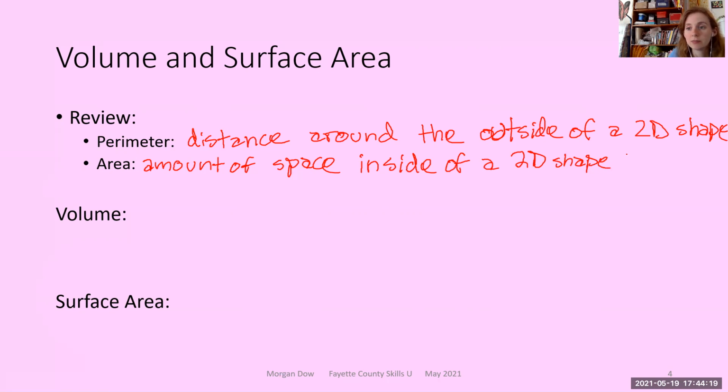Area is measured in square units. So perimeter is a distance or a length that's measured in things like feet or yards, inches, meters, those distance kinds of measurements. Area, since it's different from distance, is measured in square units. So things like square feet or square yards.